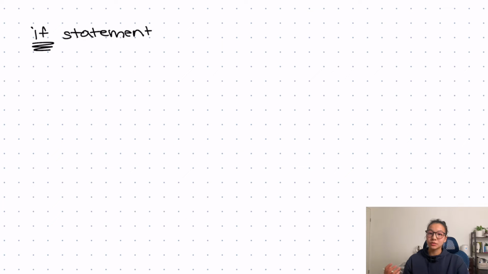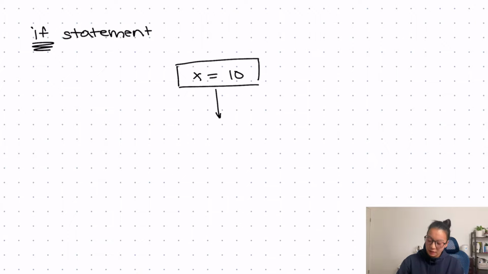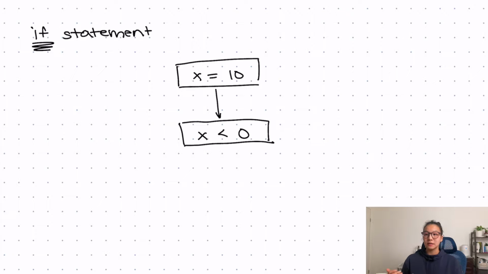If I were to go and draw out this conditional, it would look something like this. First, I have x equal to 10. And then after that, I'm checking the condition. So here, our condition is x less than 0. So I'm evaluating this condition.